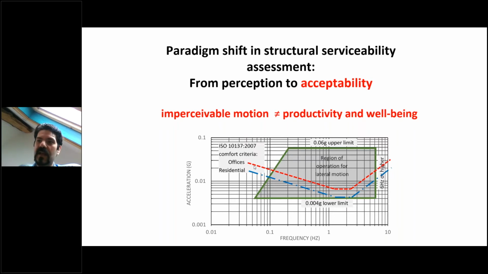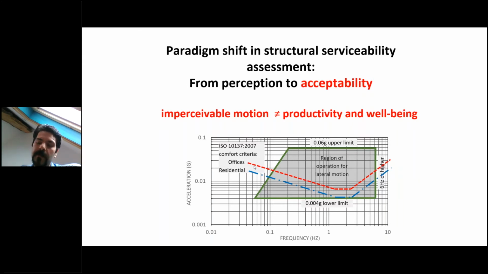However, these preliminary evidences indicate that this is not right. Perception of motion is not synonymous with productivity and well-being. It might not be perceivable, but it could seriously affect productivity and well-being, and it could be the other way around. It could be perceptible, but not affect the acceptability of vibration simply because of the context.